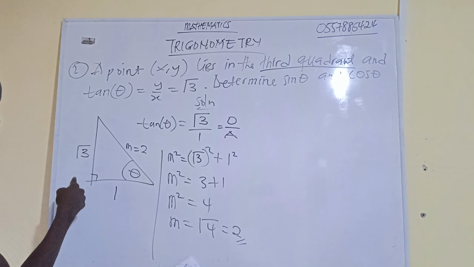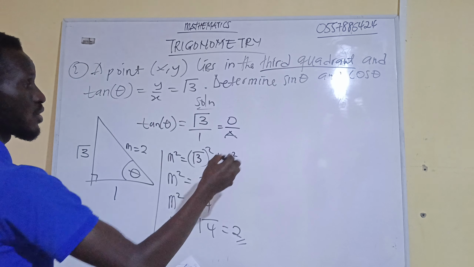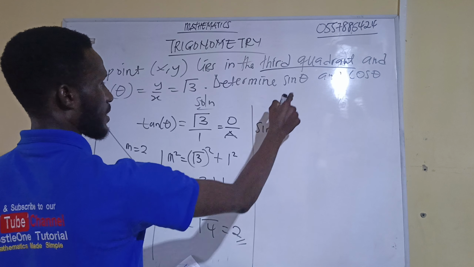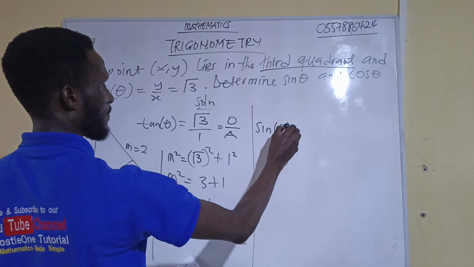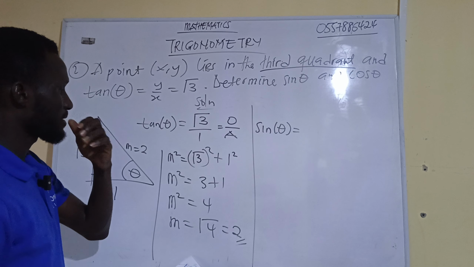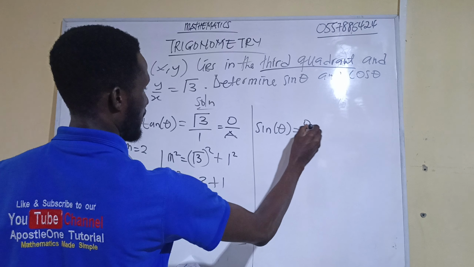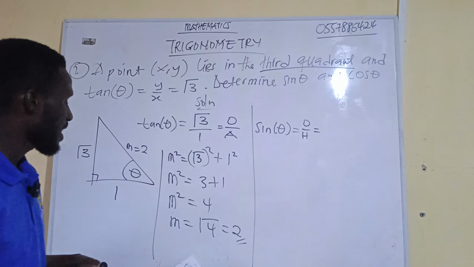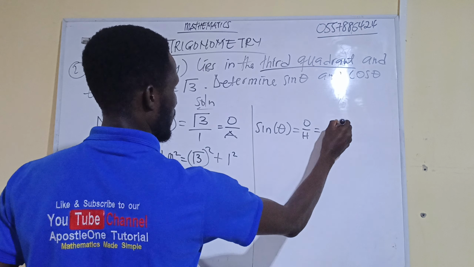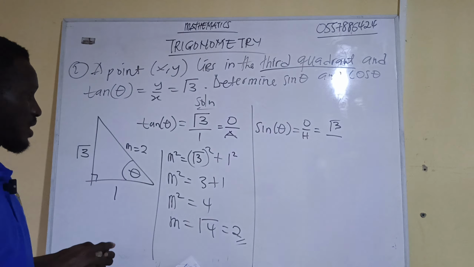Now since we have all the sides of the right-angled triangle, we can find our sine theta. What is sine theta? Sine is opposite over hypotenuse. What's the opposite? The opposite is root 3. What's the hypotenuse?